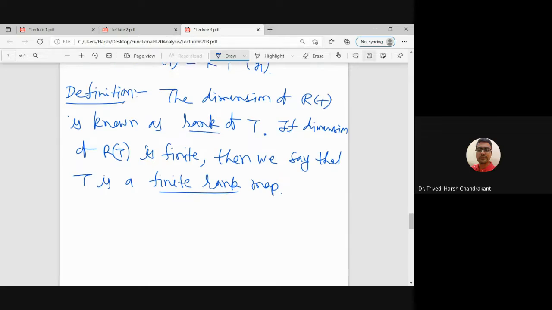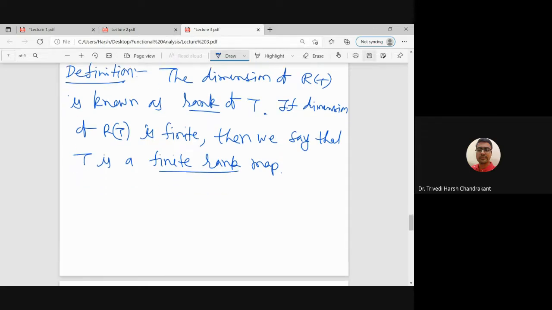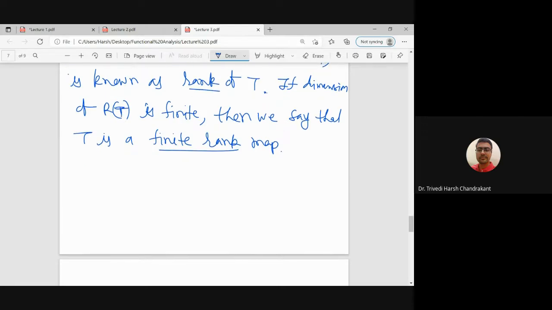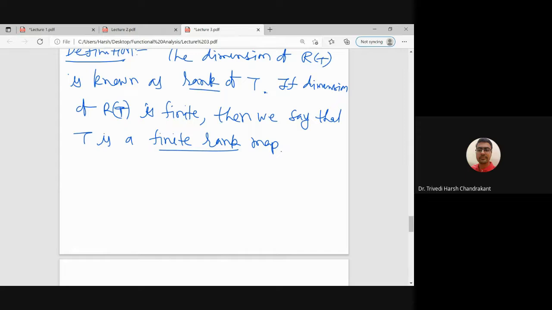At the end of the course, we will study compact operators. They are compact linear maps, and there this concept is useful: the limit of finite rank operators gives a compact operator.